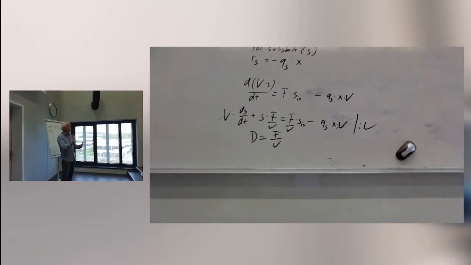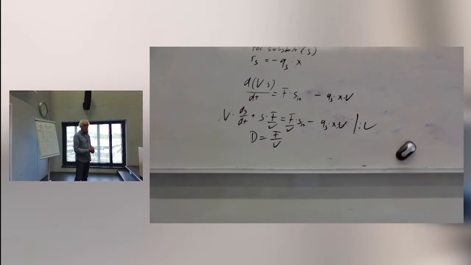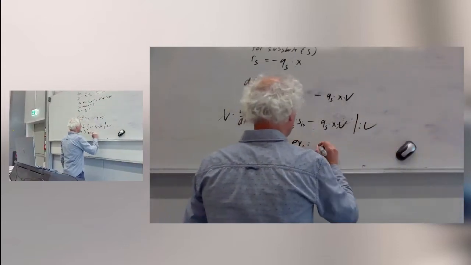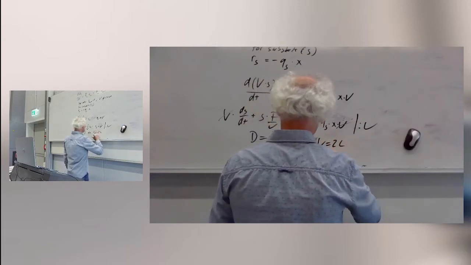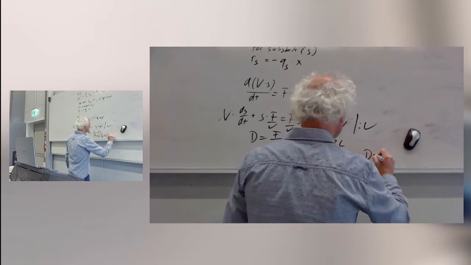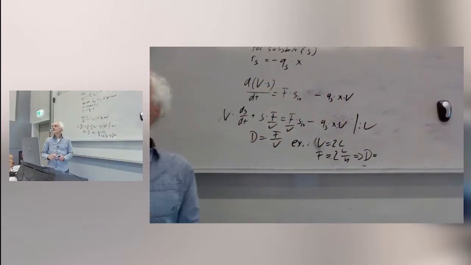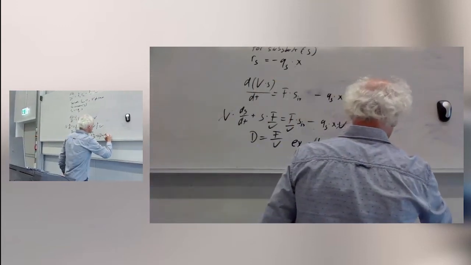So if my bioreactor is 2 liters and I pump in 2 liters per hour, I get out a dilution rate of, just doing the calculation, example: V is equal to 2 liters, F is 2 liters per hour, D is 1 per hour. That's important. The unit here is important. D is 1 per hour.